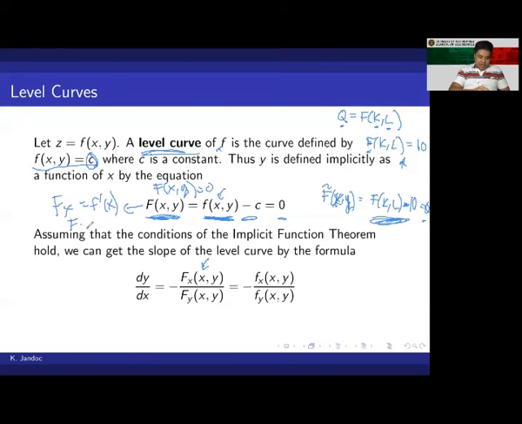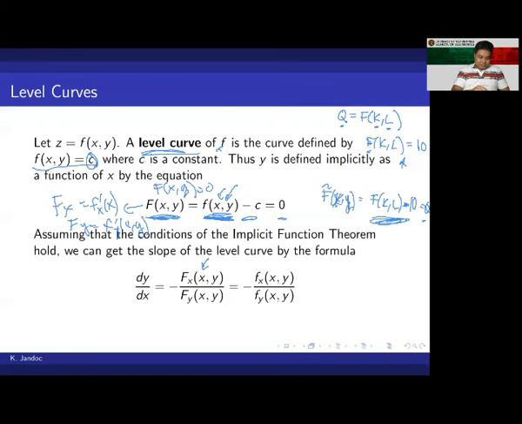Fy, on the other hand, because y enters this implicit equation through the function small f, is f prime y, the derivative of this function with respect to y.